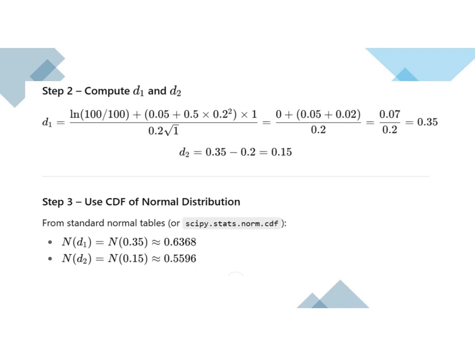Next, we use the cumulative distribution function of the normal distribution to find the probabilities associated with these values. According to standard normal distribution tables or using functions like scipy.stats.norm.cdf, we find that the cumulative probability for D1 is about 0.6368, and for D2, it is around 0.5596. These values will help us calculate the option price in the following steps.